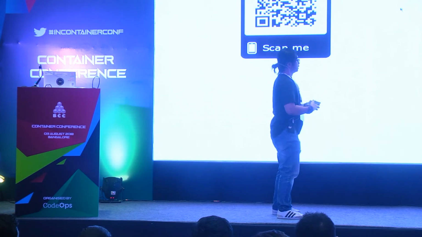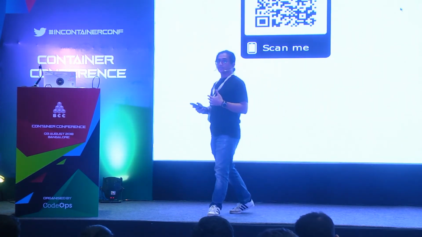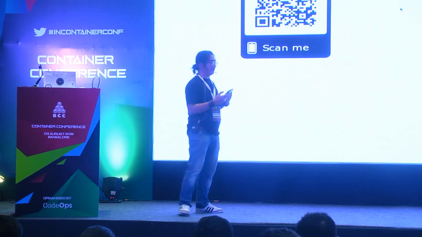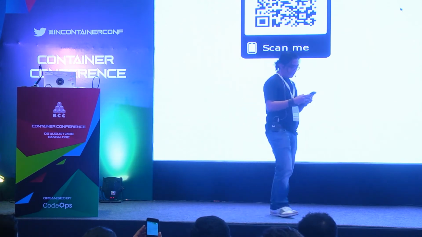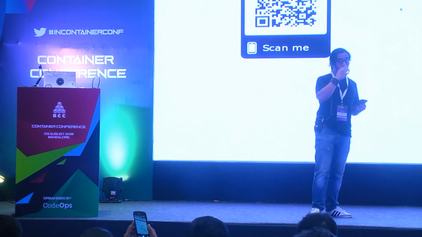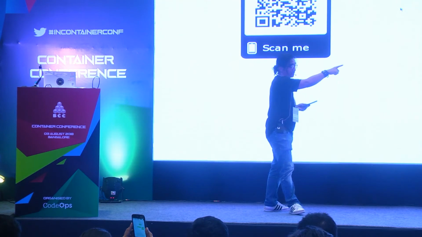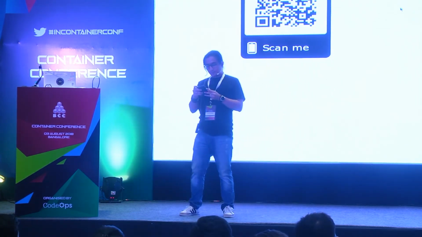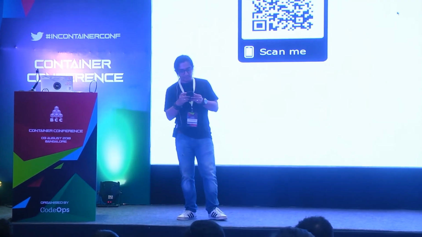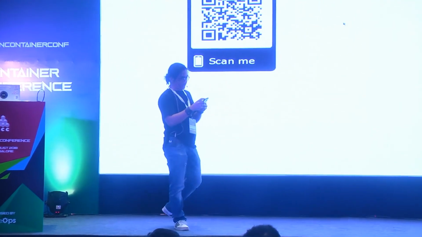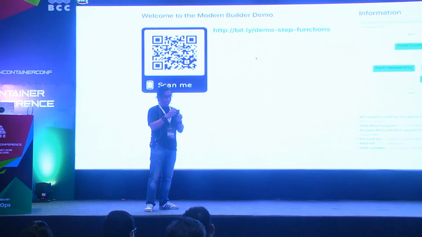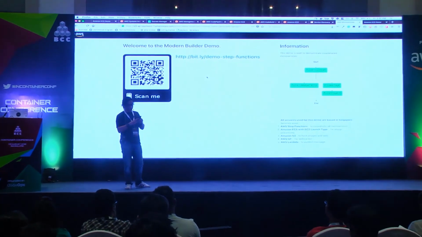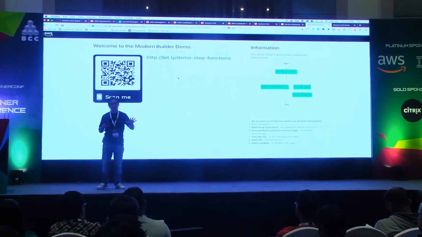Okay, got it. So what I'm going to do now is upload this photo to Amazon S3. And from Amazon S3, it's going to trigger the Step Functions to follow the workflow that I have defined. Let me resize it first. Has everyone already opened the page?